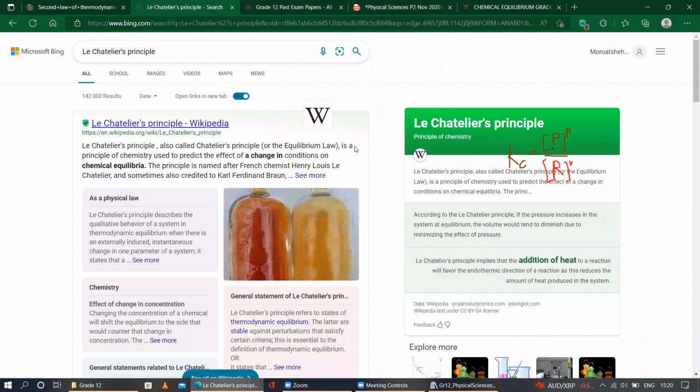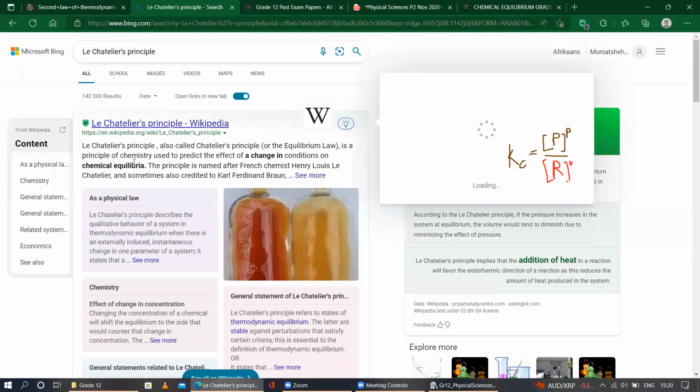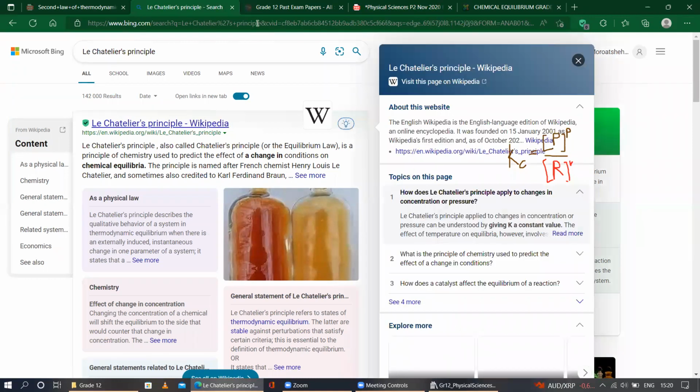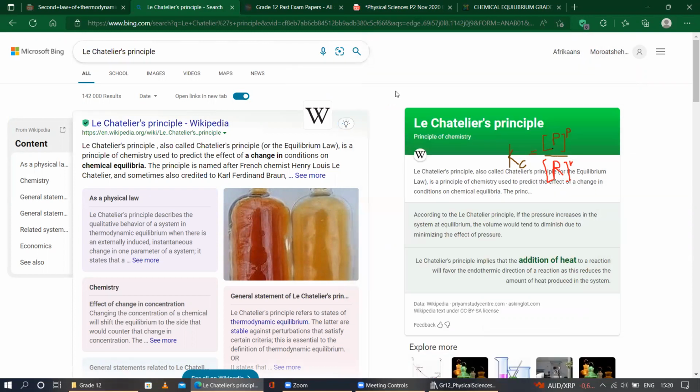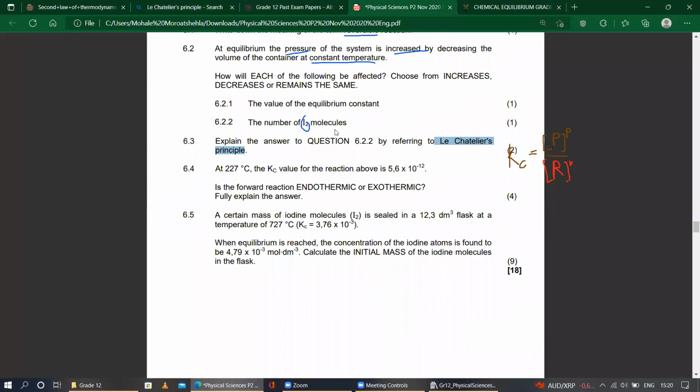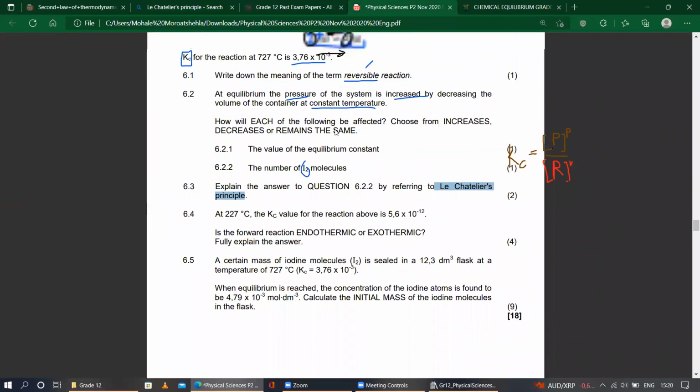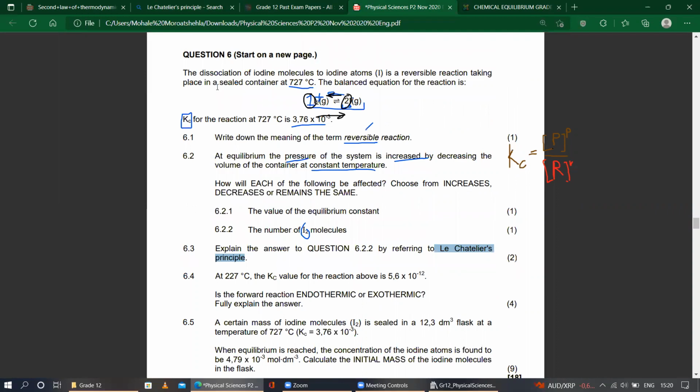This is a principle in chemistry used to predict the effects of changes in conditions on the chemical equilibrium. So basically, using Le Chatelier's principle, you just explain what happens when the pressure increases. Like how I explained to you that when the pressure increases, you're going to go to the side with fewer moles.